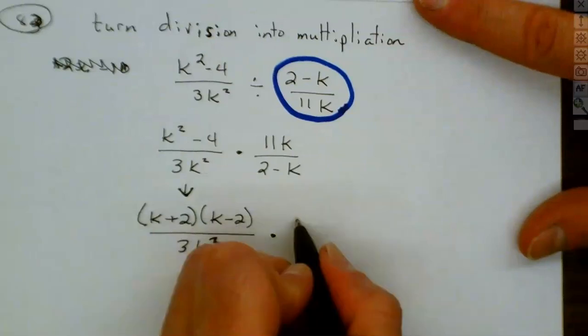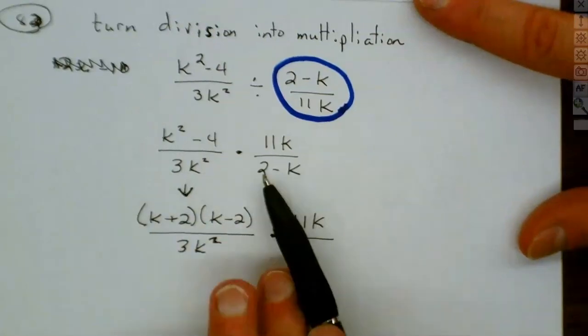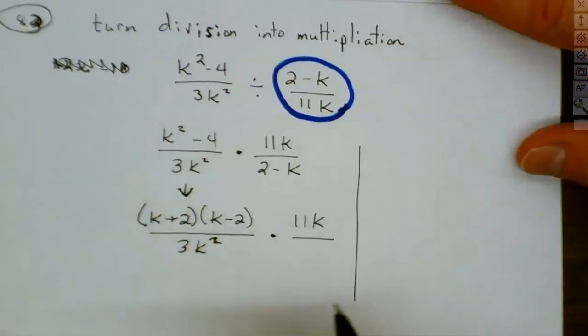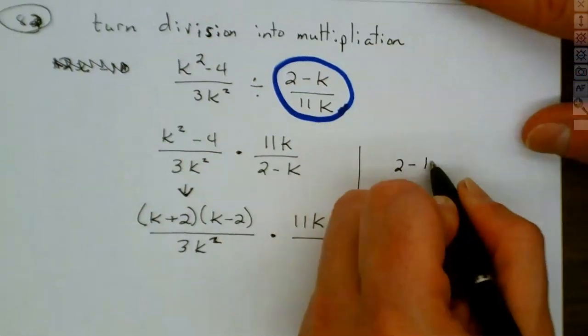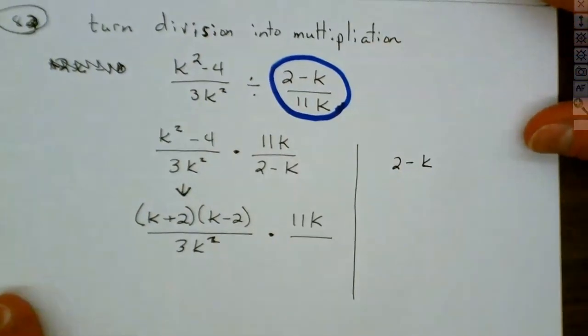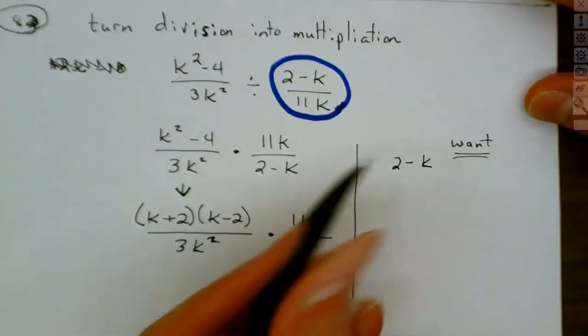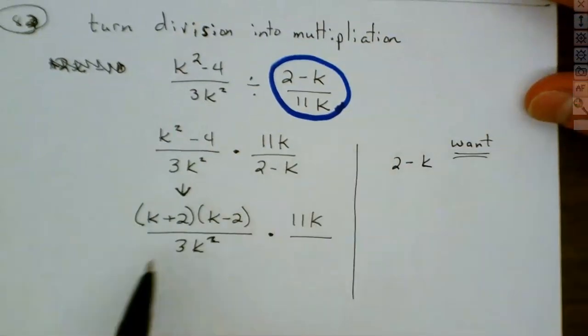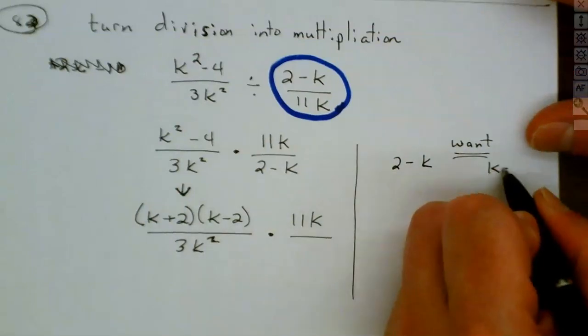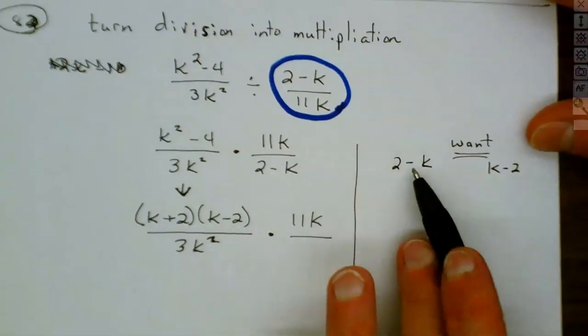Then we have 11k. Now, 2 minus k. So we've got 2 minus k. Well, we want k minus 2. How do we make this look like that?